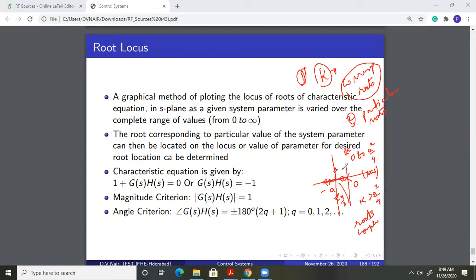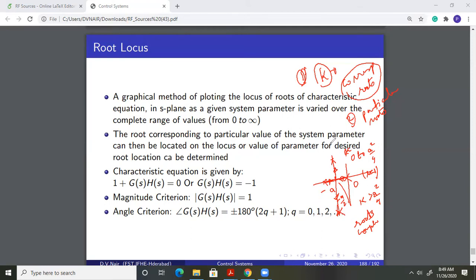Here in this case, for all values of gain k, the roots are always lying in the left half. You can see that in the root locus, for any value of gain k, the roots remain only in the left half, along this vertical line.